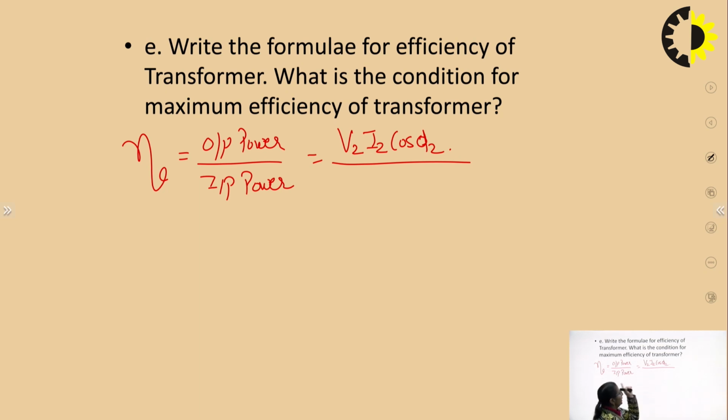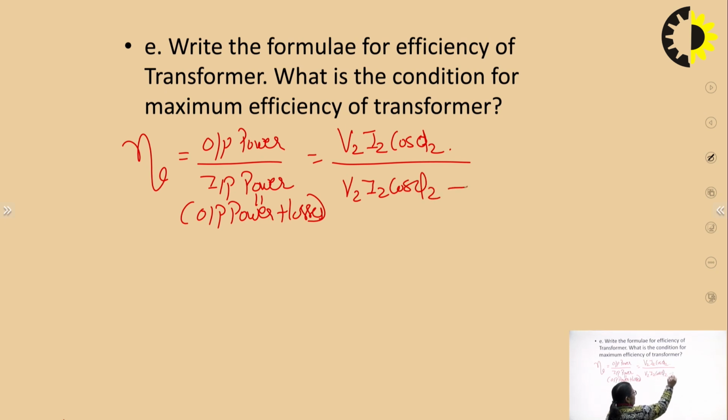The input power is the power taken by the transformer, which can be related to the output as output power plus losses. So I may write it as V2 I2 cos φ2, which is the output power, plus the losses occurring in a transformer.